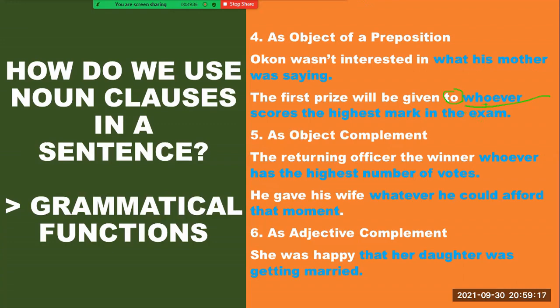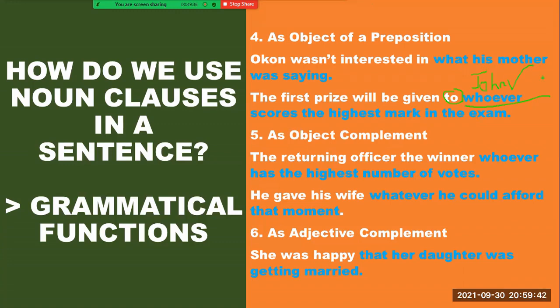Don't forget that because this is a noun clause, we can replace it with a noun. And the noun is the name of a person, animal, place, thing, or idea. So let's put the name of John here. Does it fit in? Yes, it does. So we can say that the first prize will be given to John.